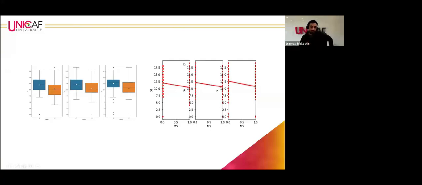So if I have a line that starts at some part of the dependent variable, it will be the mean of the group that is coded as 0, and it will go to the mean of the other grouping variable that is coded as 1. That's the least square error path.